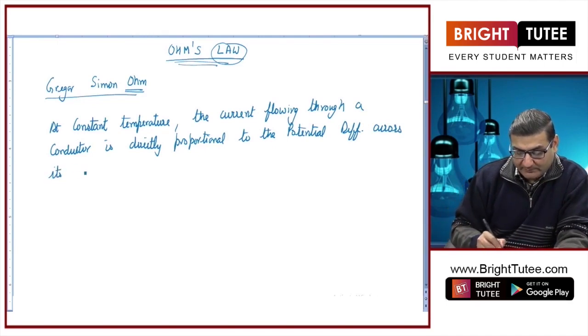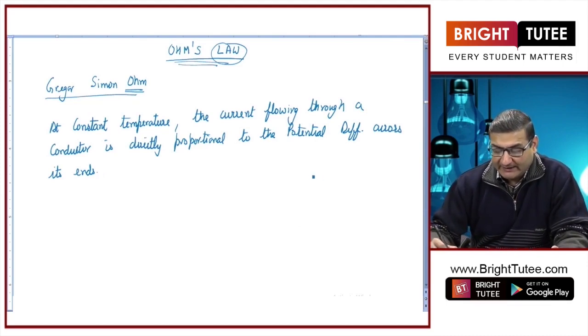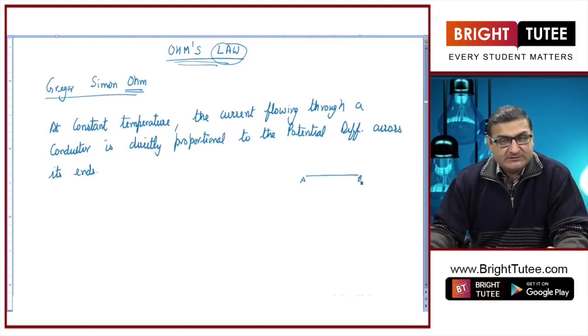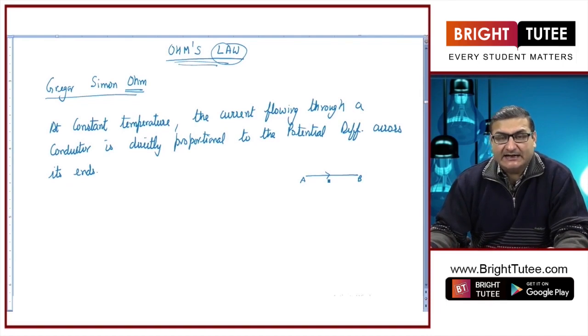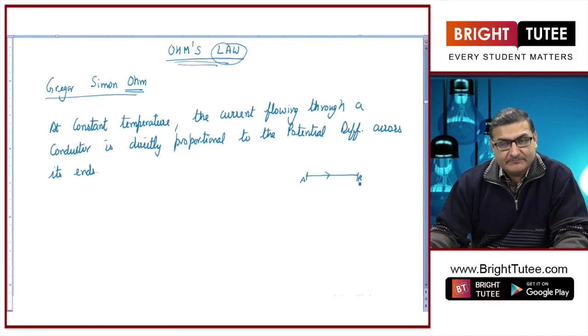Now what do we mean by this particular law? According to Ohm's law, if we take a conducting wire, for example this is a wire having two ends A and B, then Ohm stated that the amount of current flowing through this conducting wire is directly proportional to the potential difference across its ends.